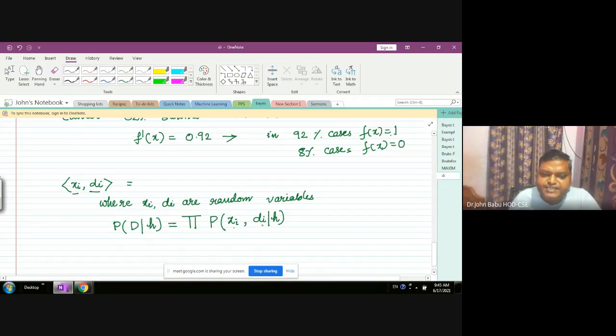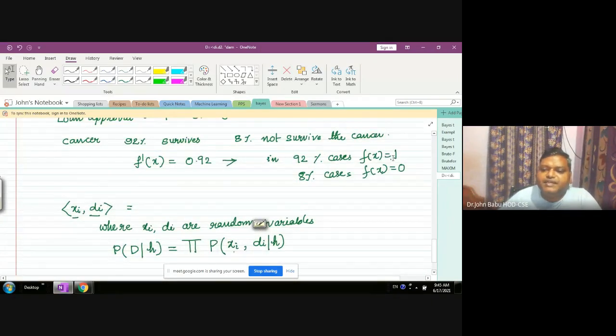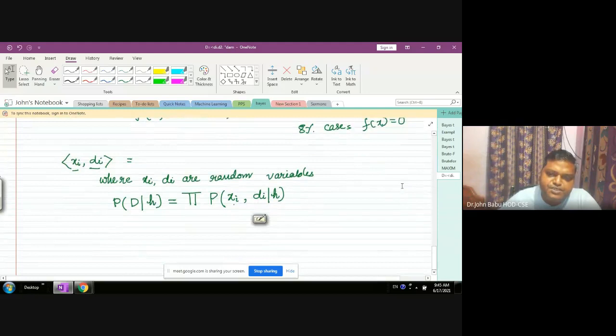Because xi is independent of the hypothesis. One hypothesis says he will survive the cancer, and a second hypothesis says he will not survive. So this hypothesis has nothing to do with the patient.